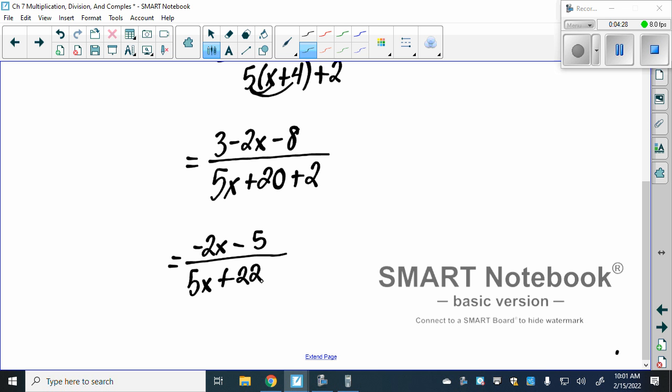Now there is a negative 1 that we could factor out of the numerator, but besides that, is there any greatest common factor between our 2x and 5? Is there any greatest common factor between our 5x and 22? That's it. Any questions on this here?